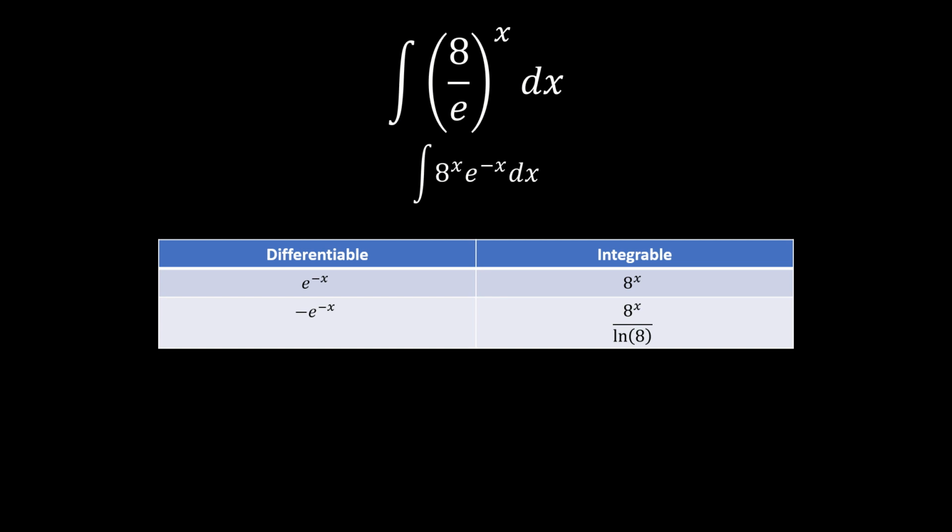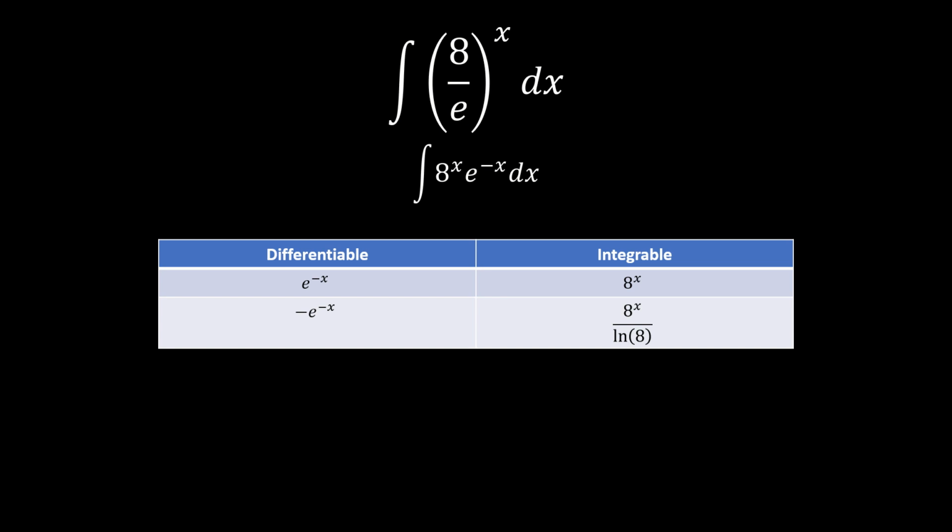Usually with the tabular method, we want the function we differentiate being differentiable all the way down to 0. So x squared to 2x to 2 to 0. We don't have that situation here, but that doesn't matter. We can still use tabular integration.